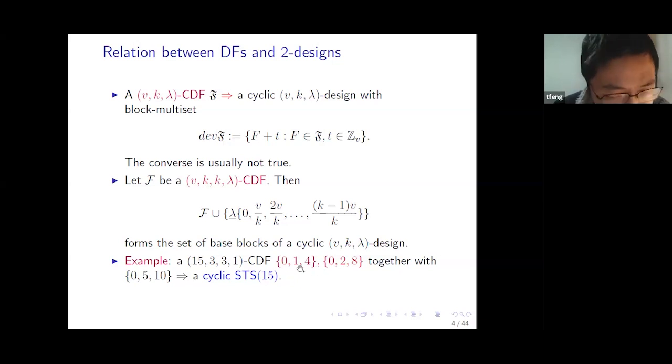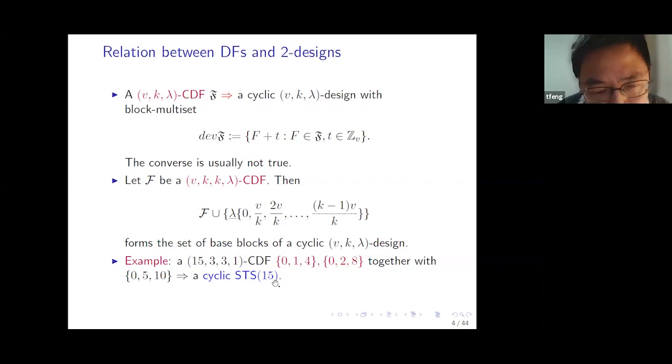So if we want to construct a cyclic design, we need an additional base block, 0, 5, 10, and then we can form all the base blocks we want and develop all these base blocks under the action of the cyclic group of order 15, which forms a cyclic Steiner triple system of order 15.